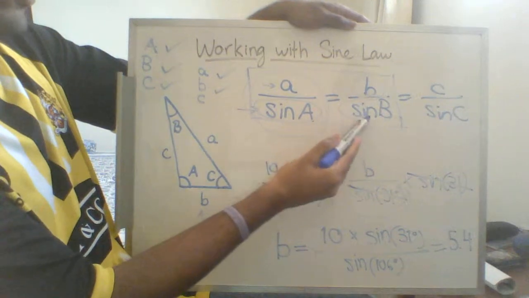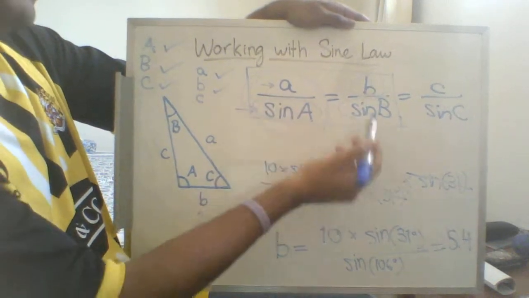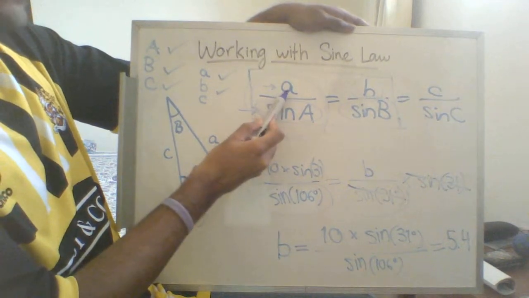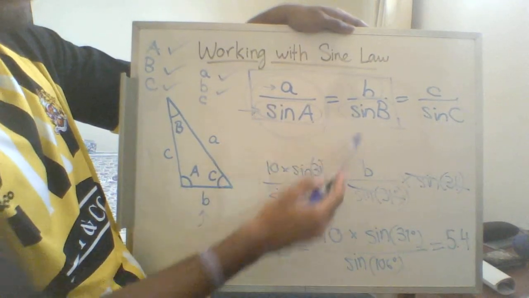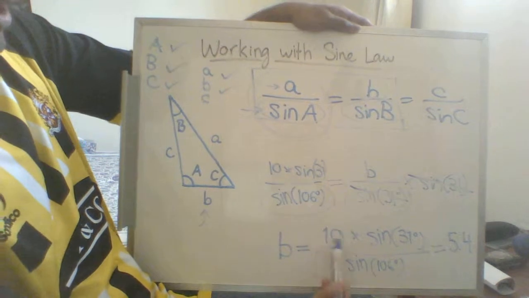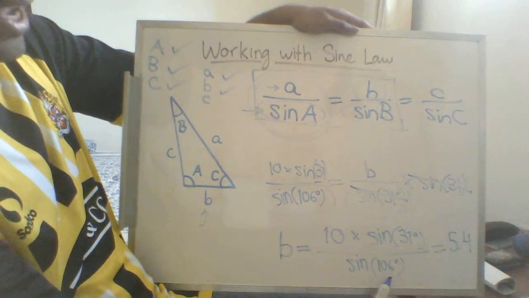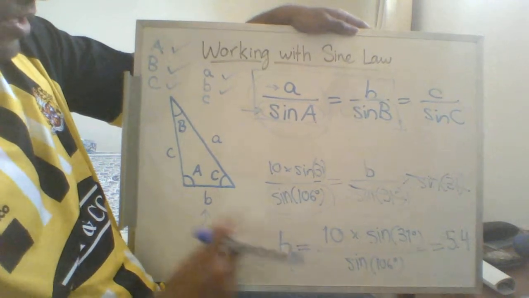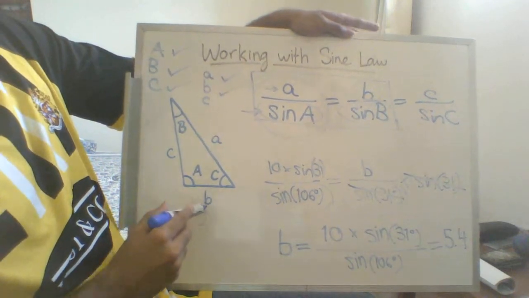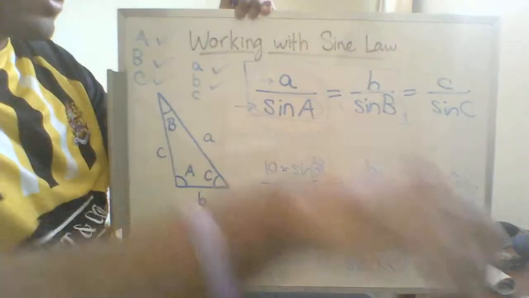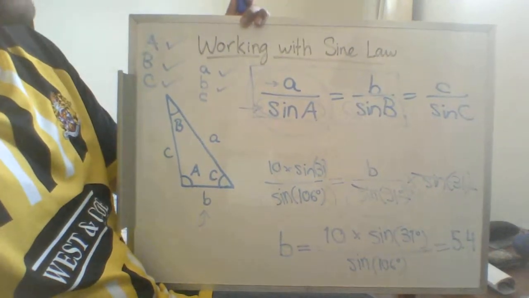So if you take this number and you just chuck it over onto the other side, instead of dividing, you multiply it, and basically you get A multiplied by sine of B, divided by the sine of angle A, and that gives you the side length of B down here. Okay, so that's all the information you need to figure out the length of side B. Now for C, you actually have two options.